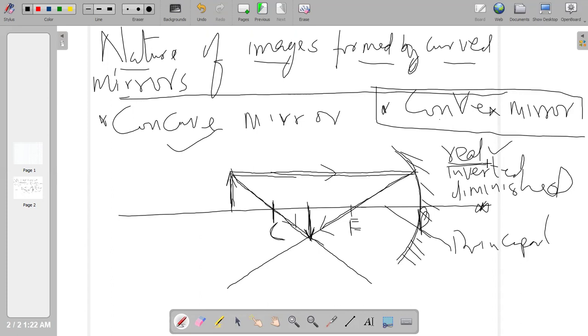Now let's look at the next stage, when the object is at the center of curvature.